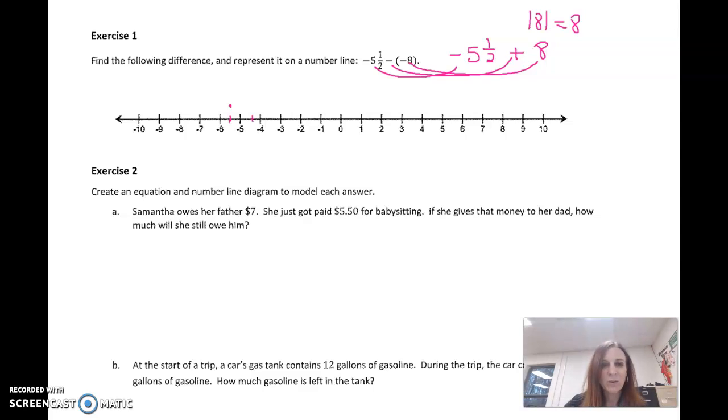So to help me out, I am just going to put halfway markers in here. That should be good enough. So when I count 1, 2, 3, 4, 5, 6, 7, 8, I want to make sure I'm going one full unit. So if I'm going from negative 5.5 to negative 4.5 to negative 3.5.